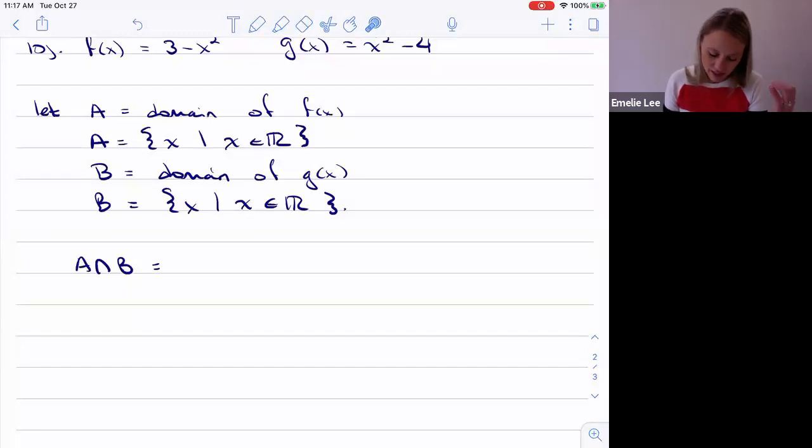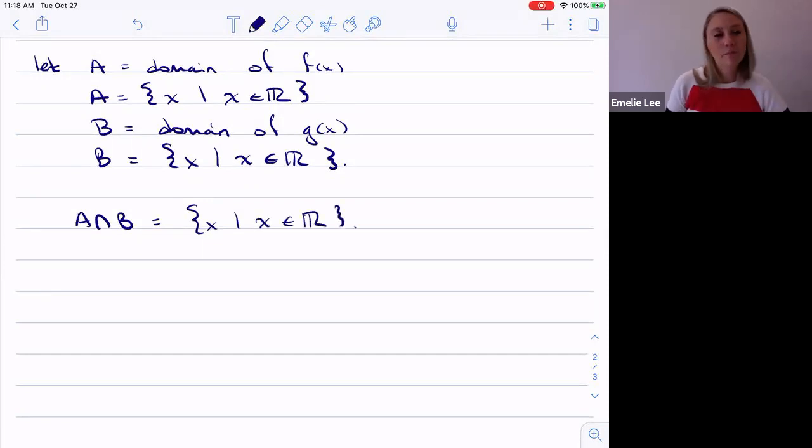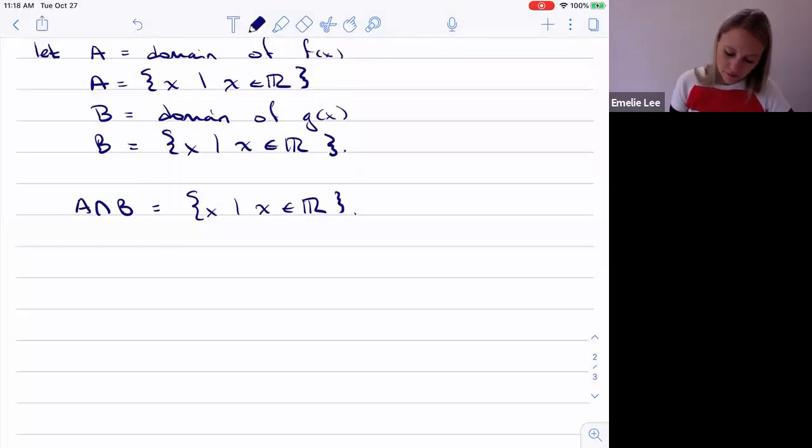Anyways, doesn't matter. If B goes from negative infinity to positive infinity, the overlap of those two would be from negative infinity to positive infinity. And so we have the set of x's such that x is in a set of real numbers. Okay, so all right, so we have our domain, right?